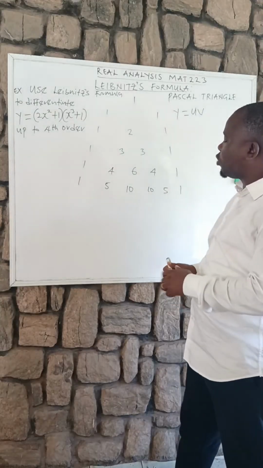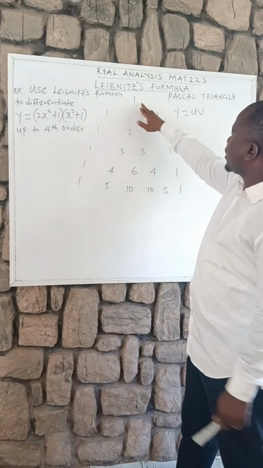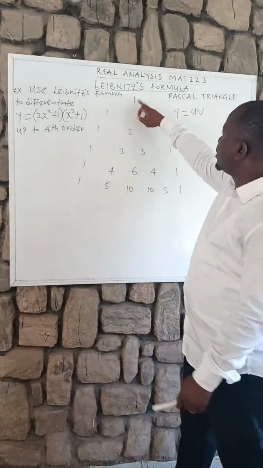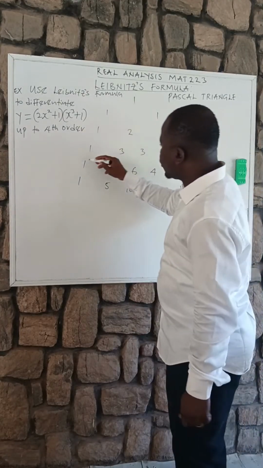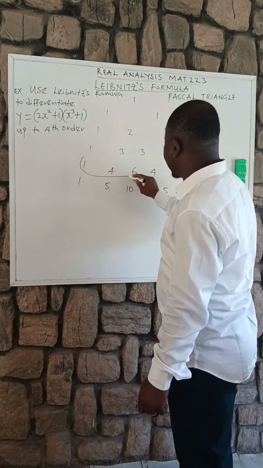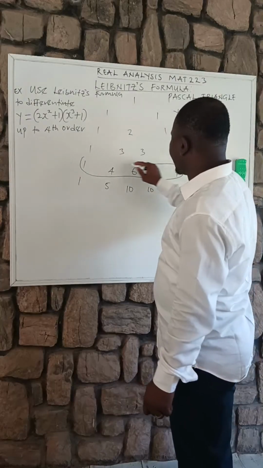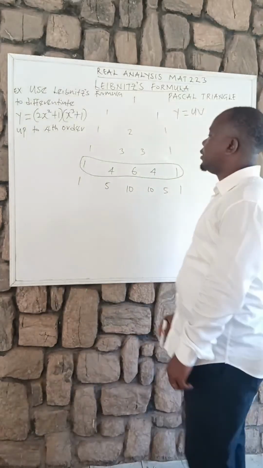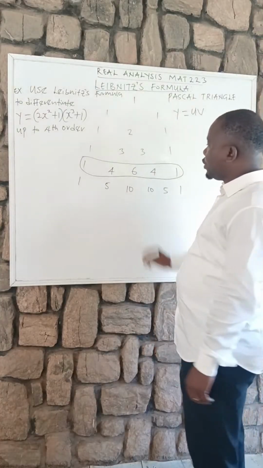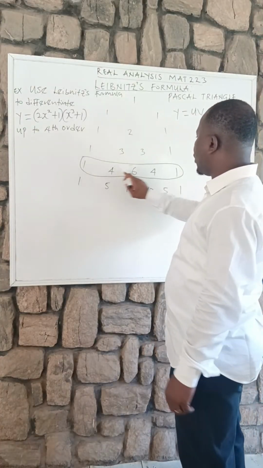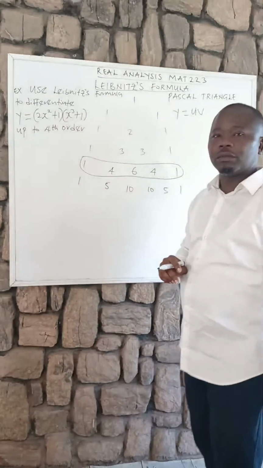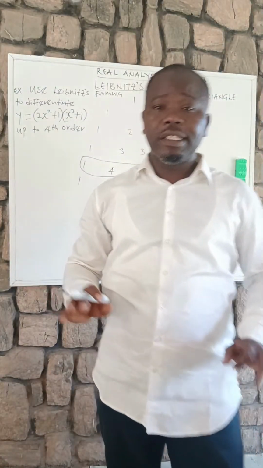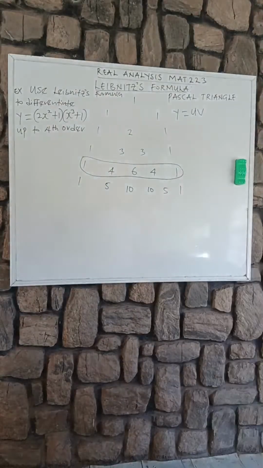It means the coefficients we need, we have to count from the Pascal triangle: 1 here, 2, 3, 4. Can you see now? We just need 1, 4, 6, 4, 1. That is all we need. Do you understand?